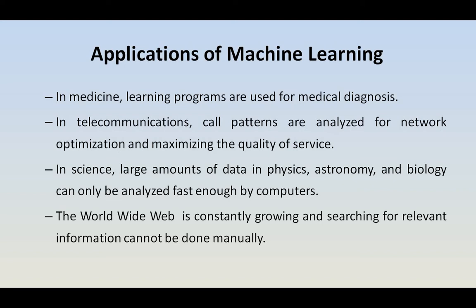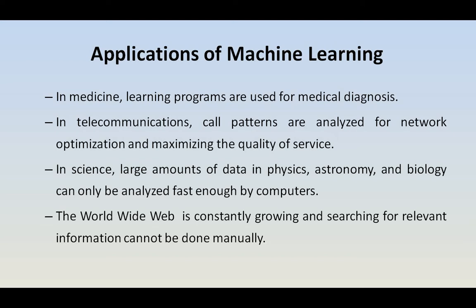These call patterns can be analyzed to optimize the network. And coming to science, especially physics, astronomy, and biology, it is used to analyze data and predict future data. So this is also used in physics, astronomy, as well as biology.